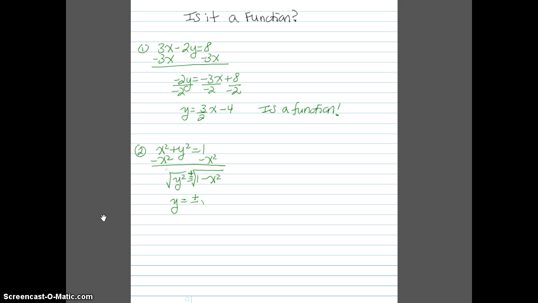So you get y equals plus or minus the square root of 1 minus x squared. This plus or minus is really going to tell us that we have two different values for y. Let's let x equal 0. We plug in 0 for x, we get y equals plus or minus the square root of 1 minus 0, which is 1. When we take the square root, we get y is plus or minus 1, which means we have two ordered pairs, (0, 1) and (0, -1). We have the same x with two different y's, so this is not a function.